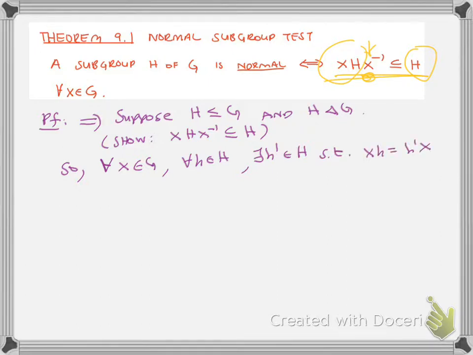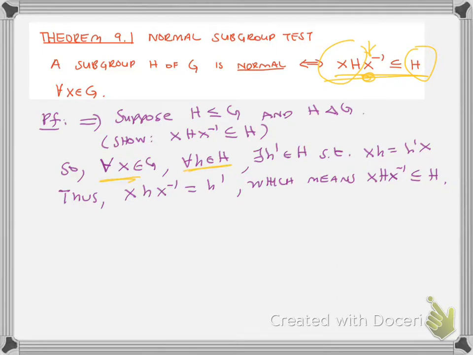And that goes back to the fact that we can't assume that xh is going to be equal to hx. Thus, if that's true, then xhx^-1 equals h prime, which means that xHx^-1 is a subset of H, right? Because again, this will happen for all x in G and all h in H, which leads to this, which leads to that, which means every element here is in here.